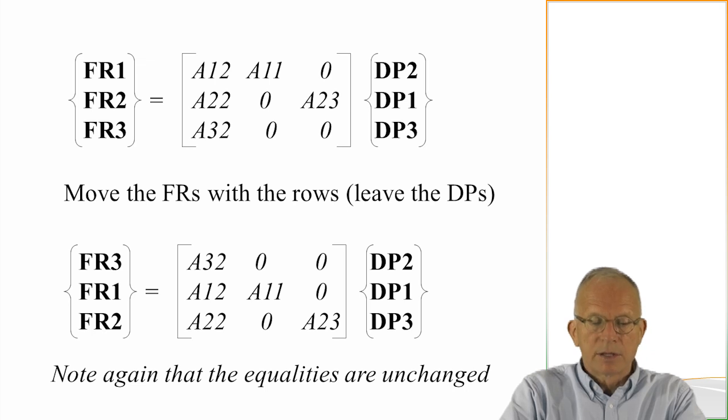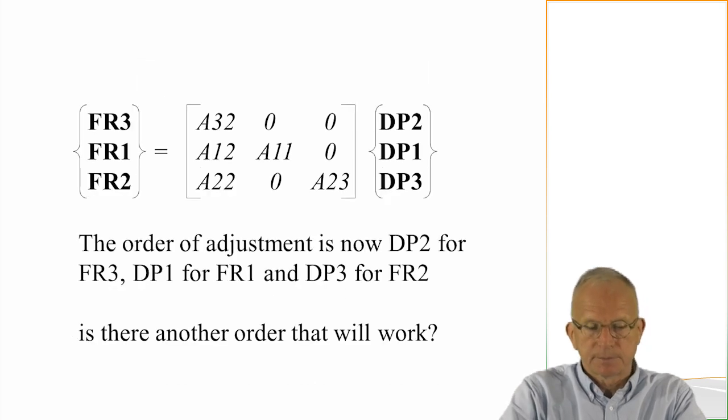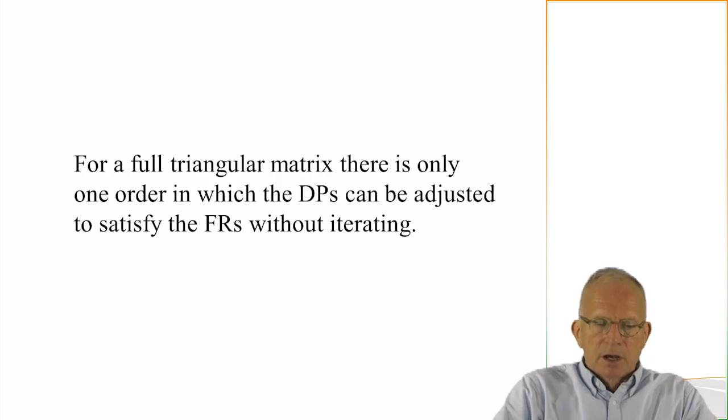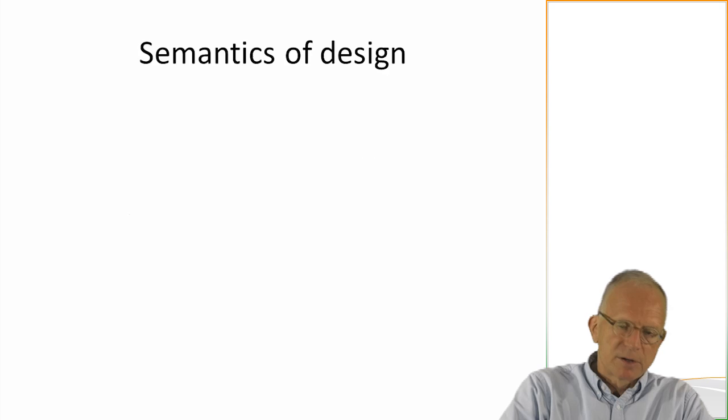And in fact, as long as I do DP2 first, it doesn't matter if I do 1 or 3 next. So, just as I said, if we do DP2, DP1, DP3, we can adjust the FRs without iteration. So, for a full triangular matrix, there's only one order of adjustment of the DPs which will satisfy the FRs without iterating.